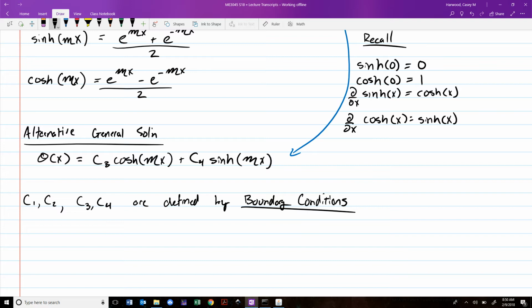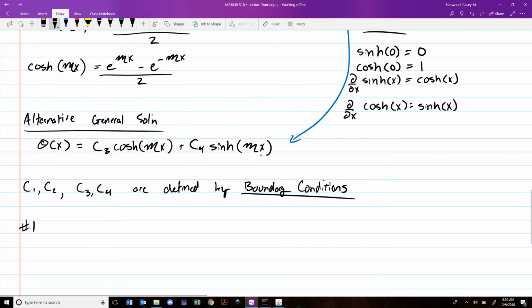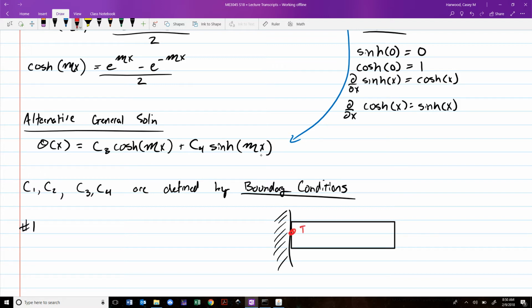So, boundary conditions. The first one, which is almost universal when you're working with fins, is that where it's attached to its base, we've got some known temperature T sub B. This is a very frequent piece of information that you'd be given.